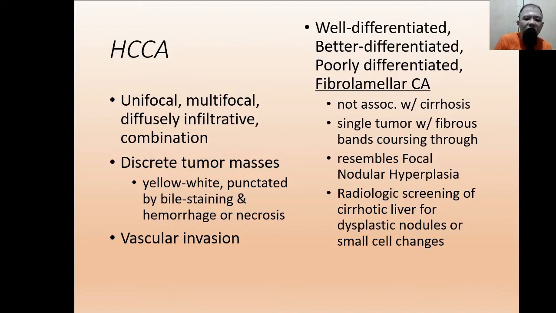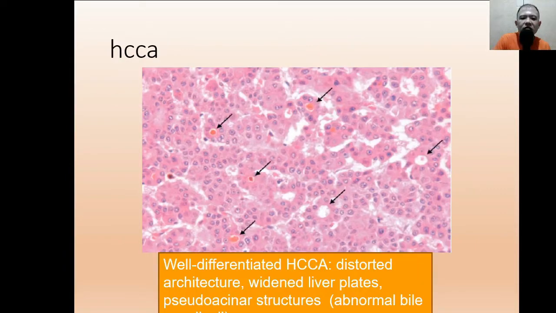You have vascular invasion, or hematogenous invasion. It can be well differentiated, poorly differentiated, or fibrolamellar CA. This is a special type of hepatocellular carcinoma that does not arise from cirrhosis.